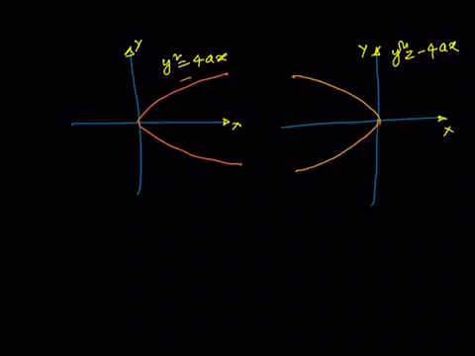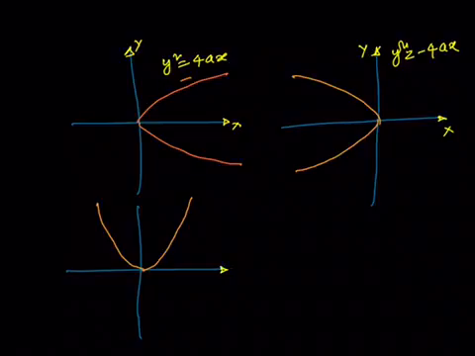We have two more. In the next one, we have the parabola opening in the upward direction. Again we have the x-axis and the y-axis, and this parabola equation is given by x square equal to 4ay.